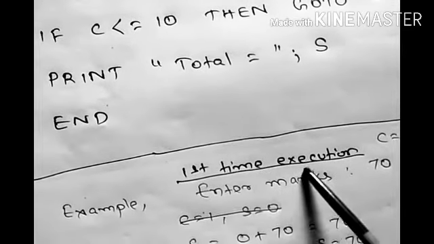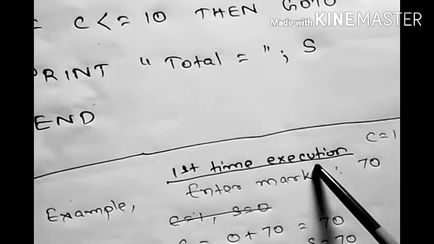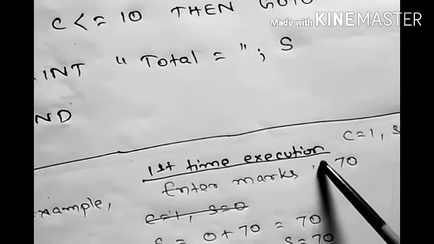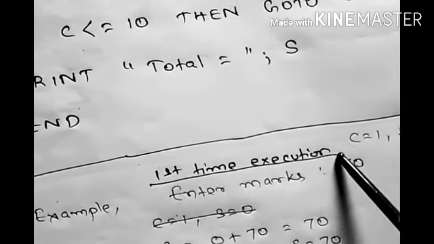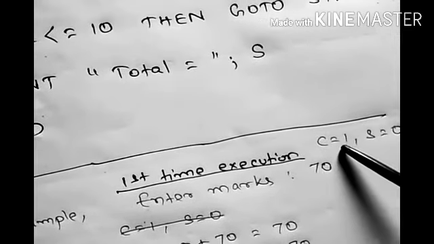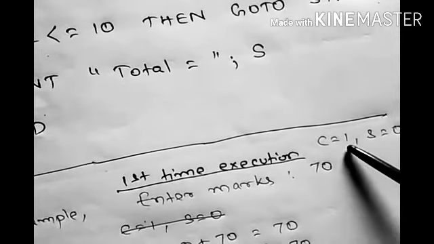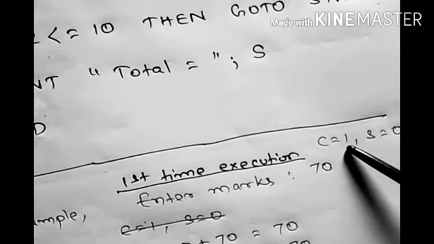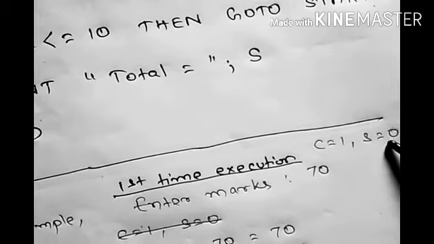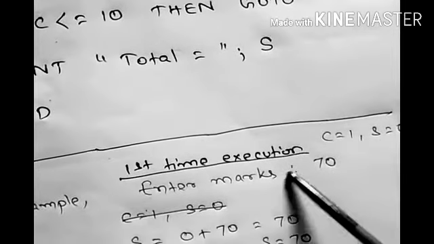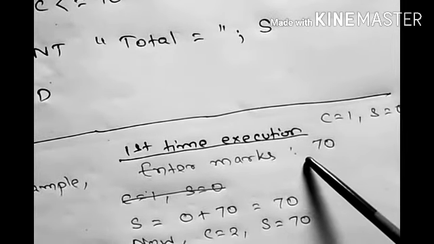See, first time execution, when you run the program, then how it works. First time it will start with c equal to 1, counter 1. That means first time it is executing, so the value of c is 1, and s is 0. Now you input the marks, it asks for the marks due to this statement, enter marks.